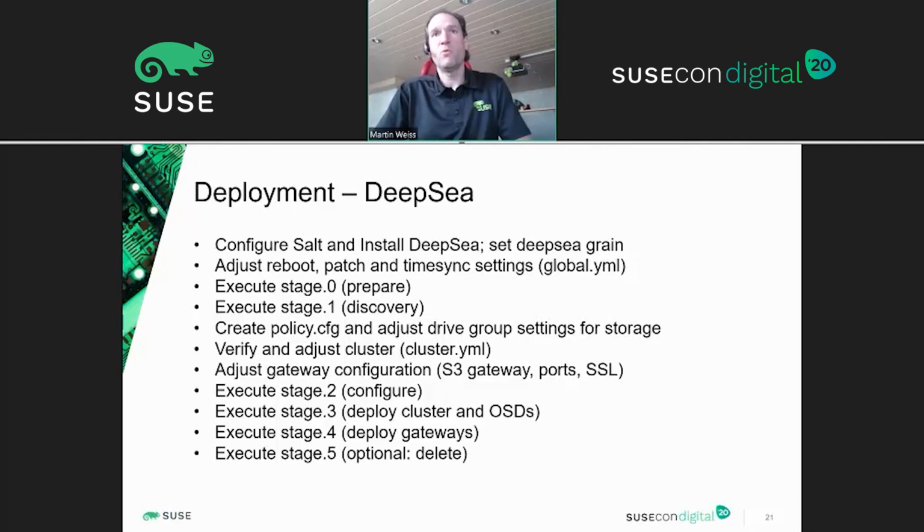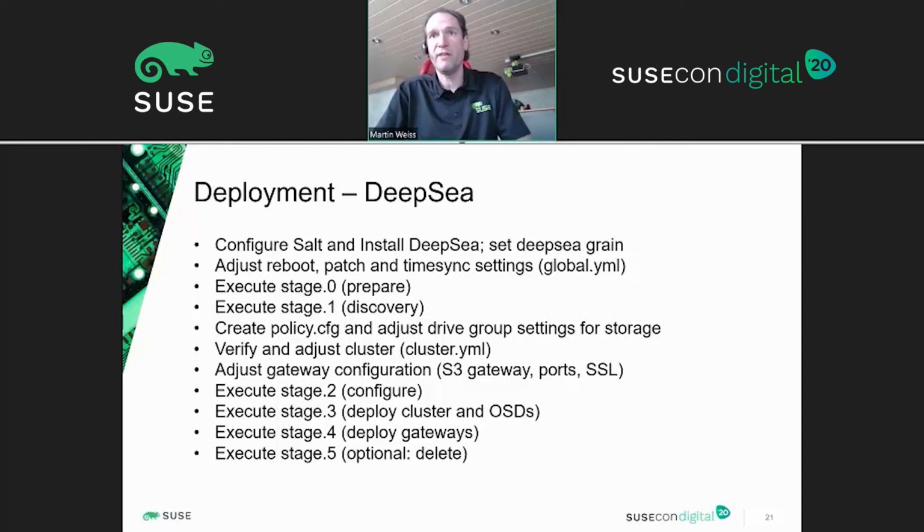Then we verify if the cluster YAML has the correct settings for the network addressing, and we can adjust that if needed. And we adjust some other settings for ceph.conf adjustments: memory usage, S3 gateway ports, SSL settings, etc. And after we have gone through that configuration stage, we tell the system to use that configuration by running stage 2.